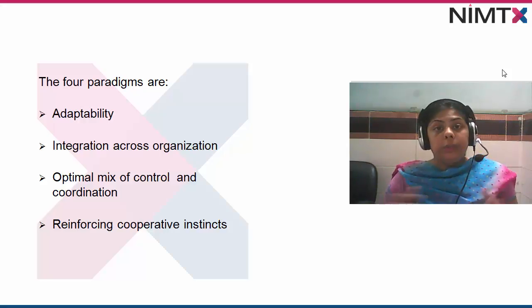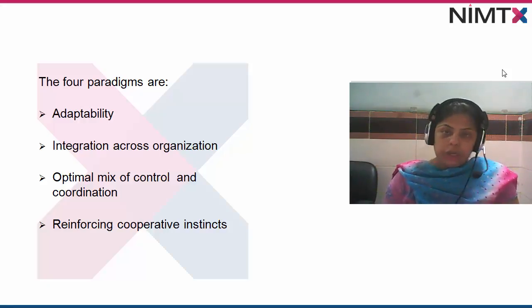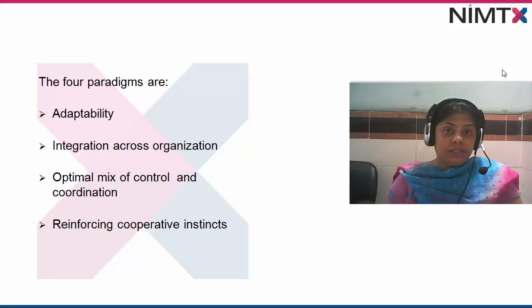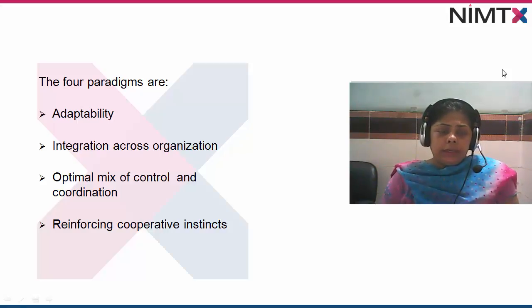You have to adapt to the change in the situation, change in companies. So as people change, the companies also have to change. The consumer taste changes. So this is adaptability.